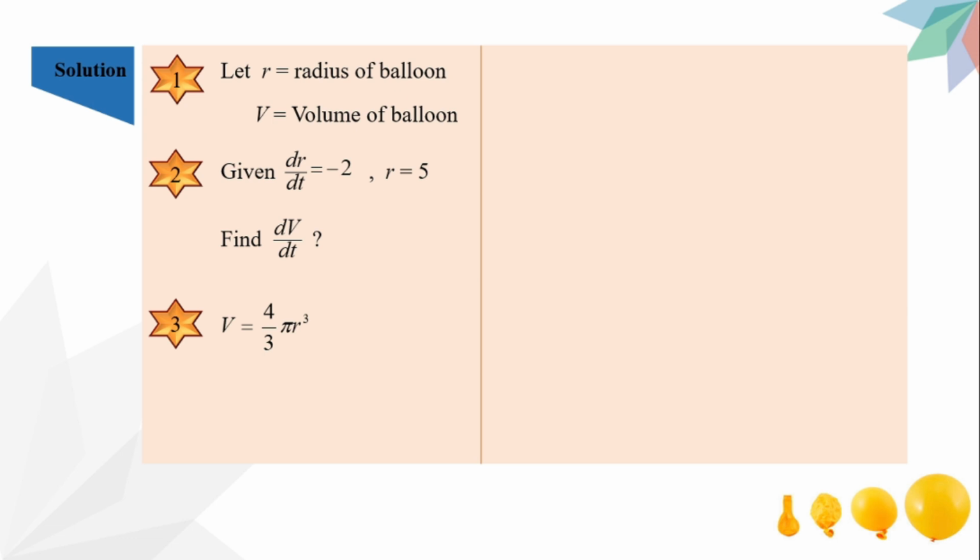Since V is in terms of r, we can differentiate V with respect to r and obtain dV/dr equal to 4 over 3 pi times 3r squared, and simplify, we get 4 pi r squared.